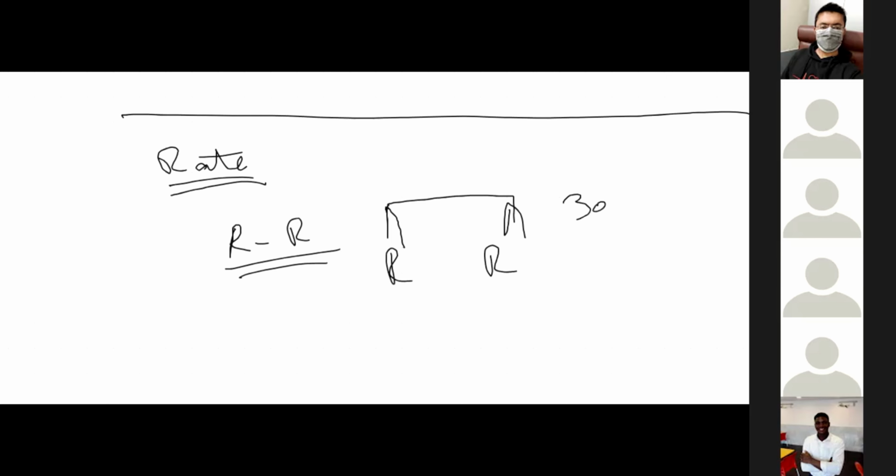Let's say 1, 2, 3, 4, 5. So in between these two R waves there are 5 big boxes. So I will divide 300 by 5. This will give me a heart rate of 60 beats per minute. The issue with this is that it can only be done if your rhythm is regular.